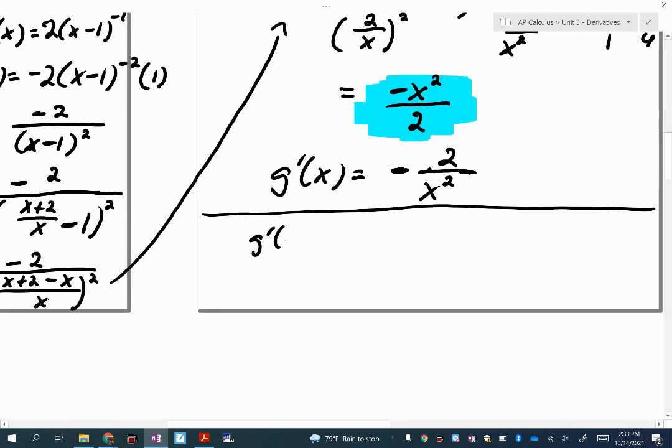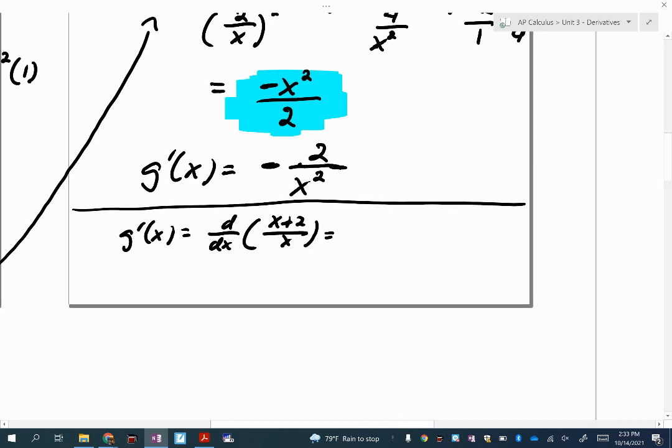So I'm going to do g prime of x is d dx of x plus 2 over x, which is the derivative of the numerator, which is 1, times the denominator, minus the derivative of the denominator times the numerator, all over the denominator squared.